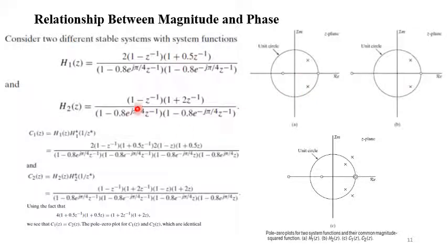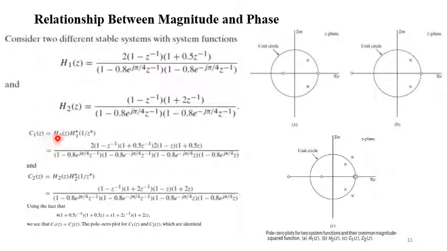For the second case, it has a zero at 1, which is here, and a second zero at minus 2. So if we look at the two figures, we find that although the two responses are identical, the only difference is that one has a zero at minus 0.5 and the other has a zero at minus 2. Except for this, all the poles and the other zero have the same location.